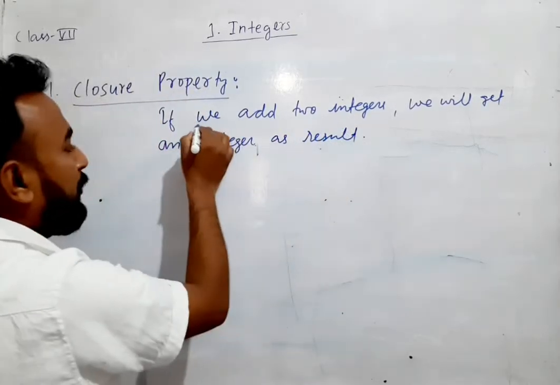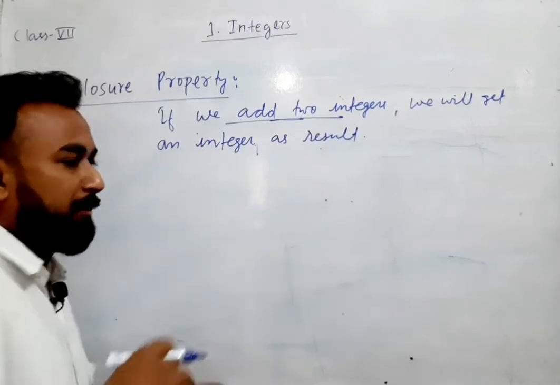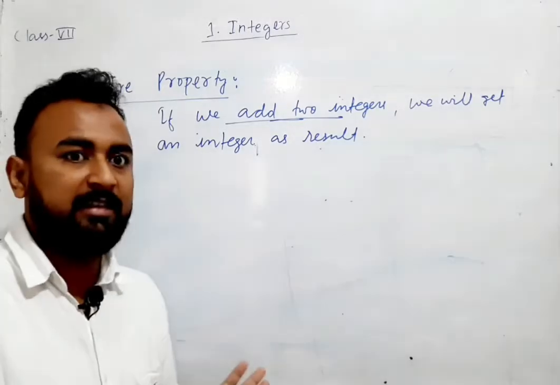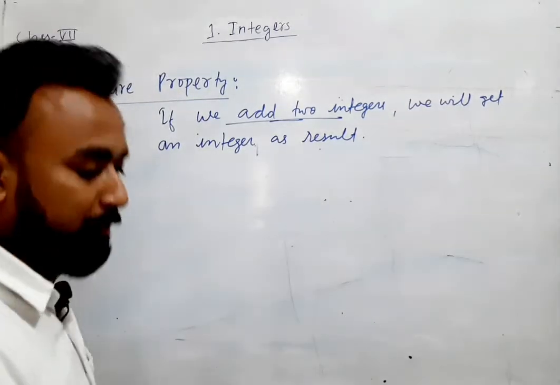When you add two integers, we will get an integer, an integer only will come. This is known as the closure property.